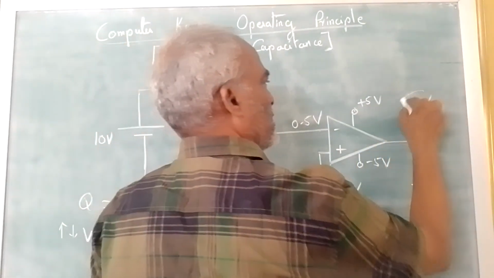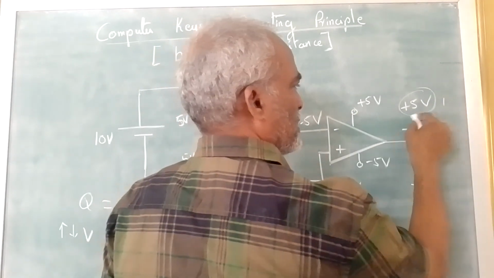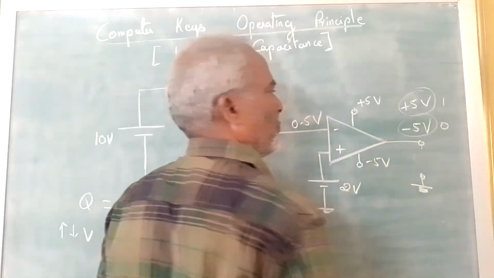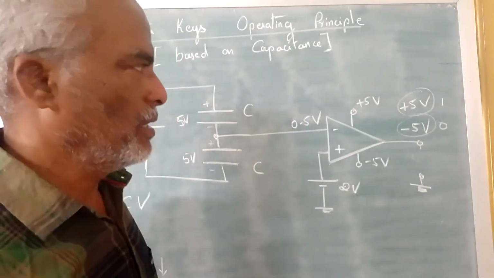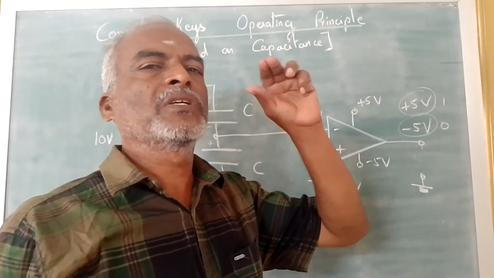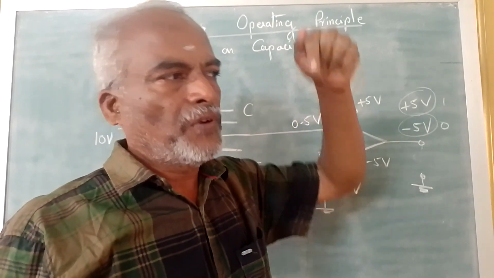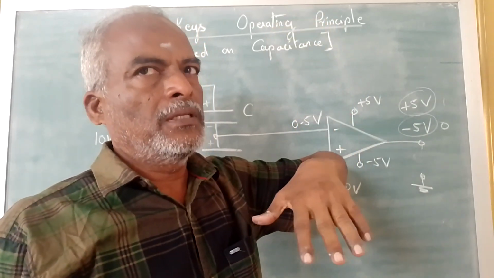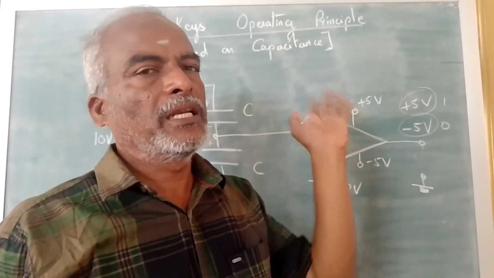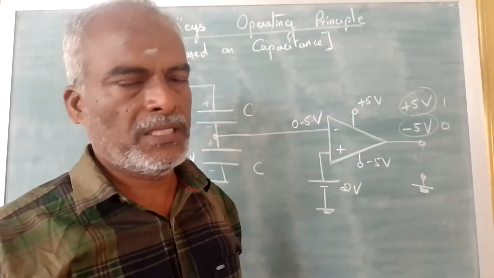If I say this as logic 1 and this as logic 0, you can assume either way, but the thing is, it sees a difference in voltage by pressing and releasing. So the computer decodes that information and it understands that the key A has been pressed.